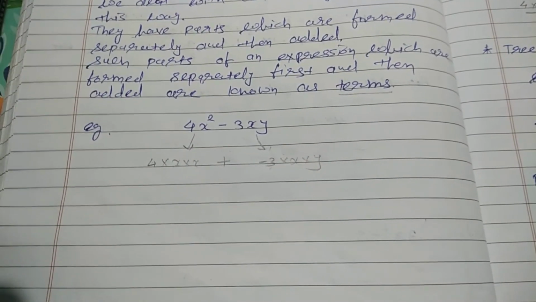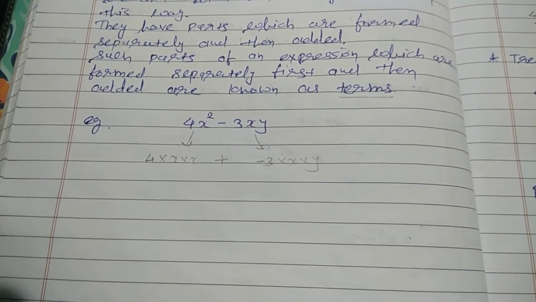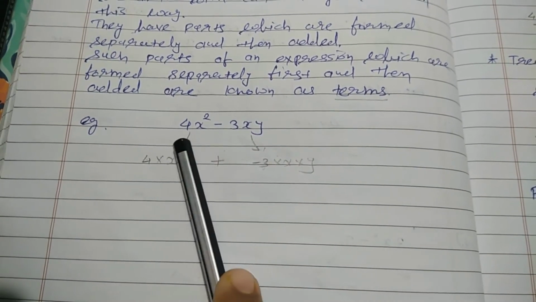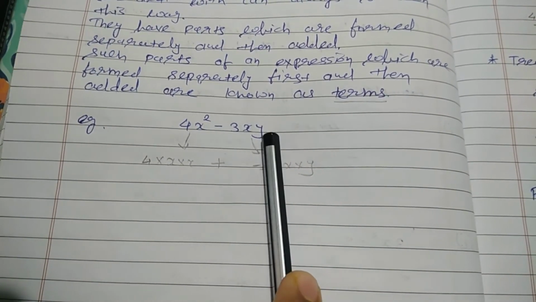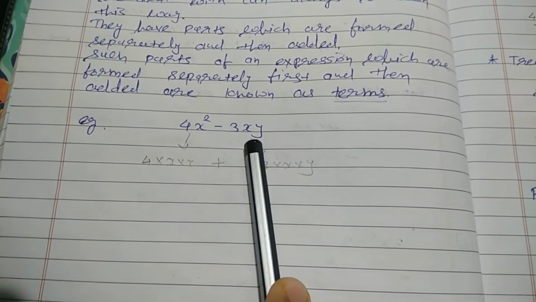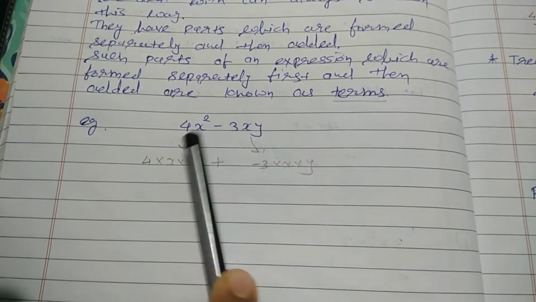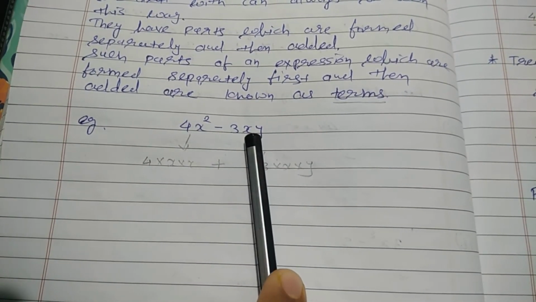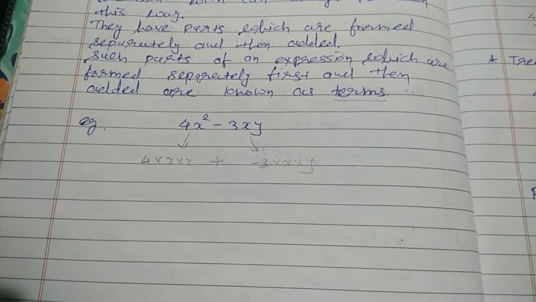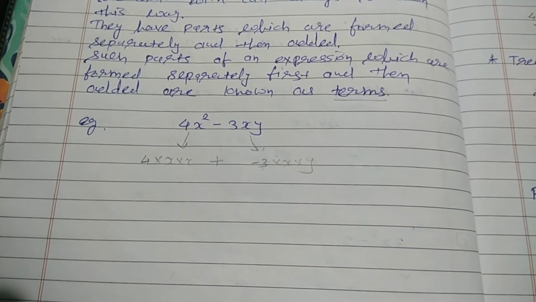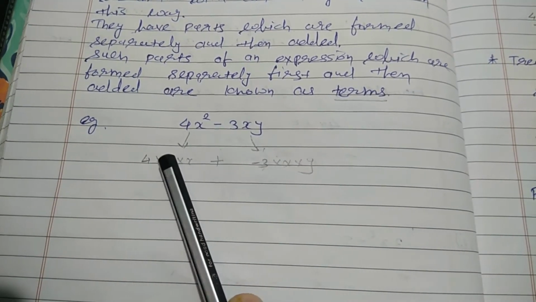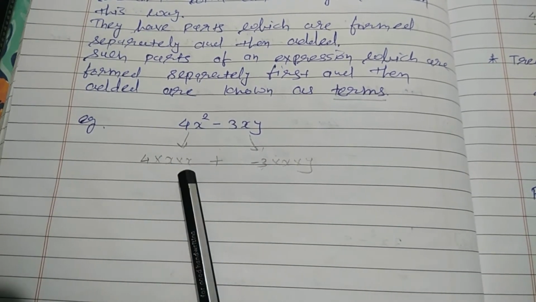Now in a general sense, an example like 4x square minus 3xy, here there are two terms, number one 4x square and number two 3xy. But in a general sense we always use addition.